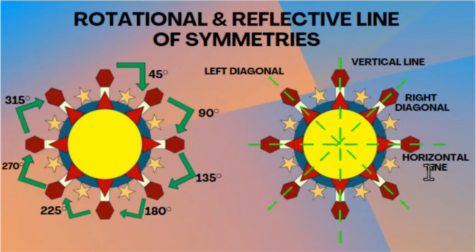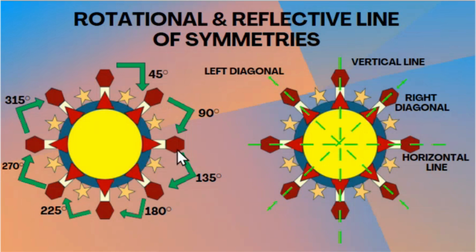To do these possible moves, we have first our rotational. We need to show it has rotational and reflective lines of symmetry. For rotational, we have first 45 degrees. If we call these sun rays, from the first sun ray to the second sun ray, it's 45 degrees.